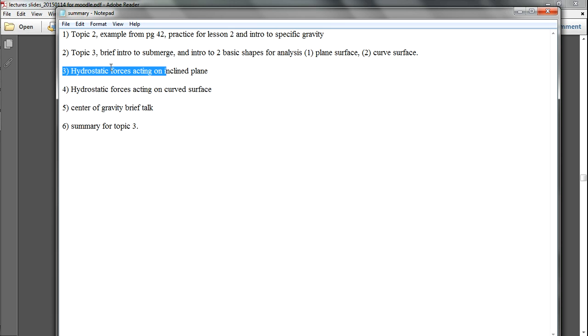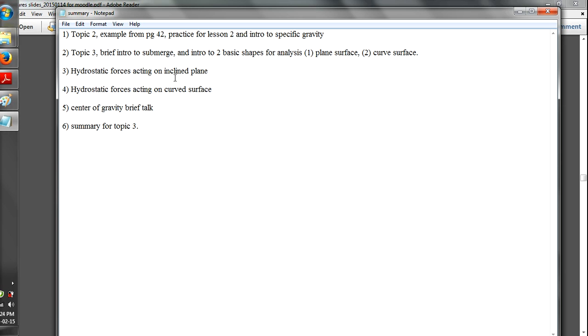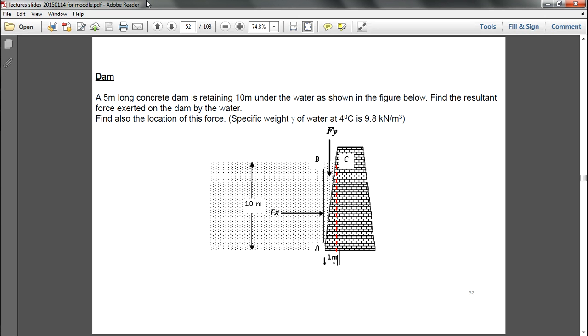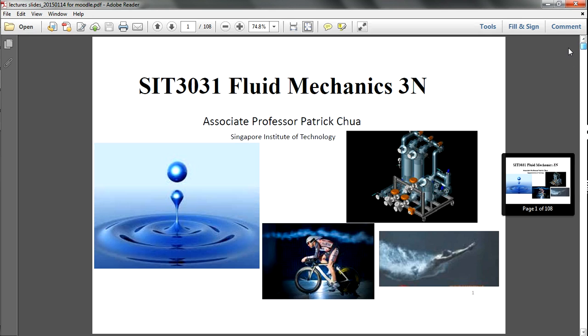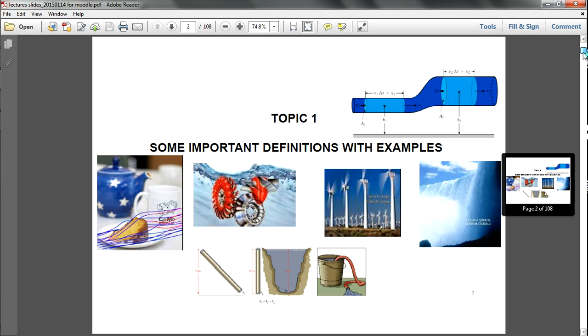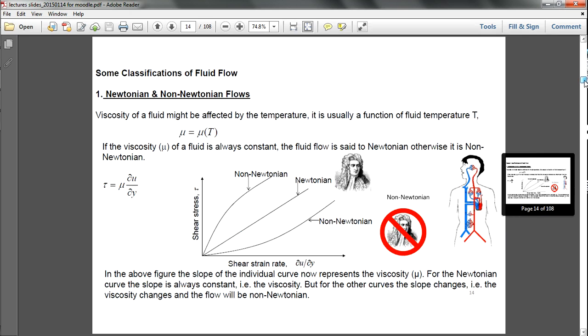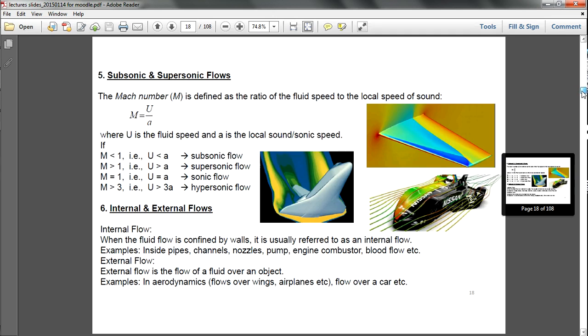And then after that, we talk about submerging for topic 3, which is more on submerging, and hydrostatic force, which is fluid forces. To recap, topic 1 was introducing you to the course itself, and introducing definitions, mainly on knowing the body force and the different types of fluids.